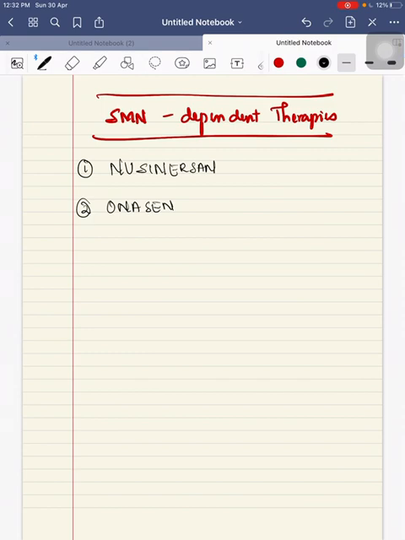In SMN dependent therapies, we have 3 drugs. First is nusinersen. Second one is onasemnogene abeparvovec.